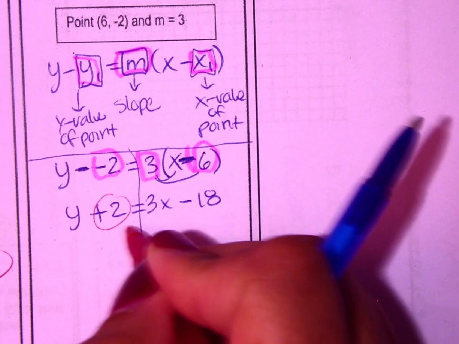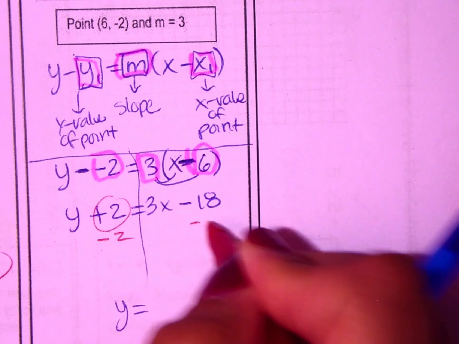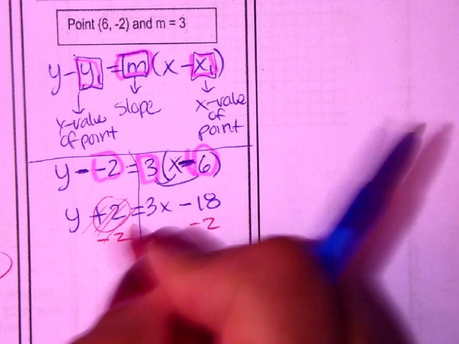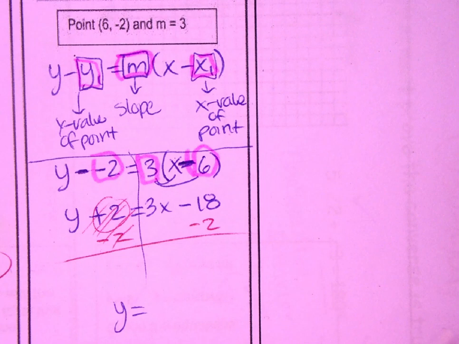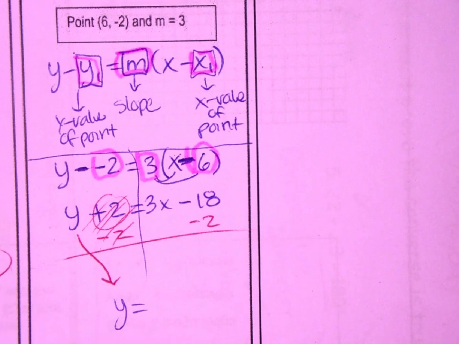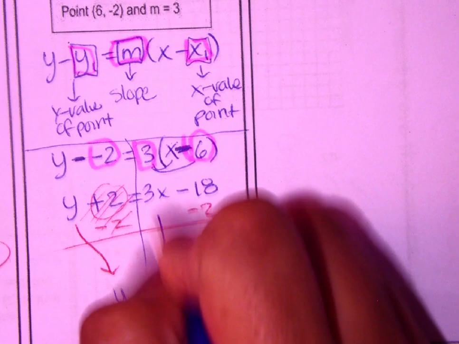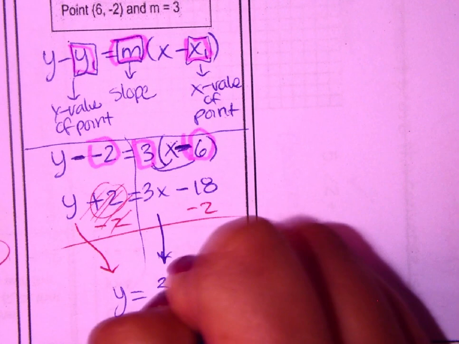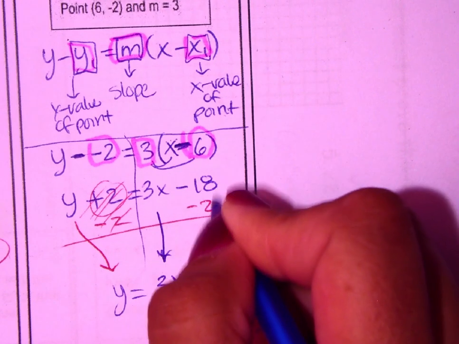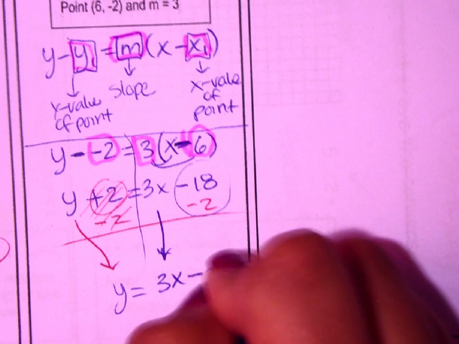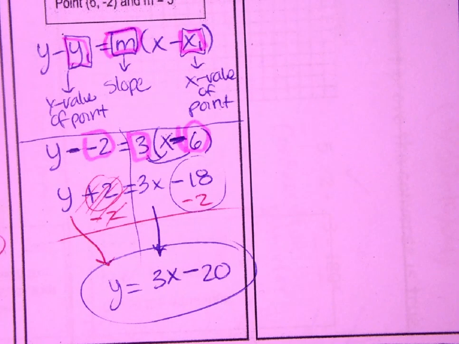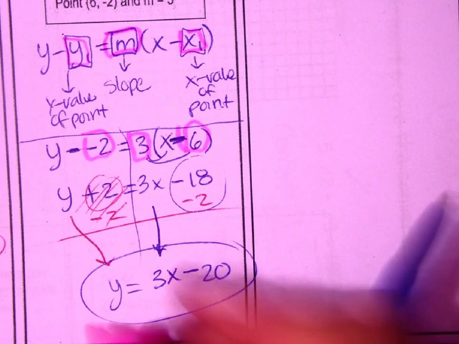So this 2 needs to go by canceling it, by subtracting 2. And then now we can say that our answer is y equals 3x, and then negative 18 minus 2, that's negative 20. So this is how we can write the equation.